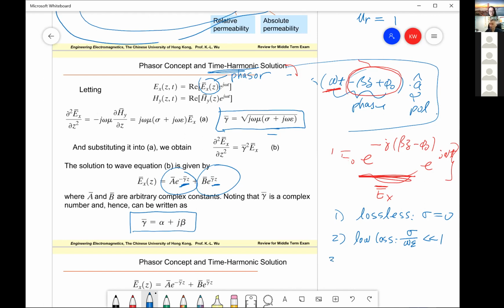And then we also discussed the high loss case, for example, a conductor, where this is much larger than 1. In these three cases, we have discussed how to find alpha and beta, okay? So you can check your notes.